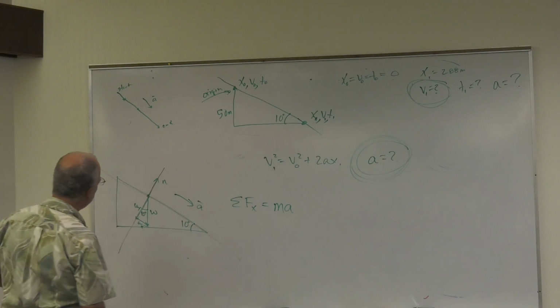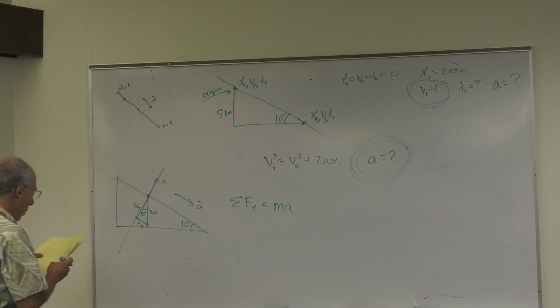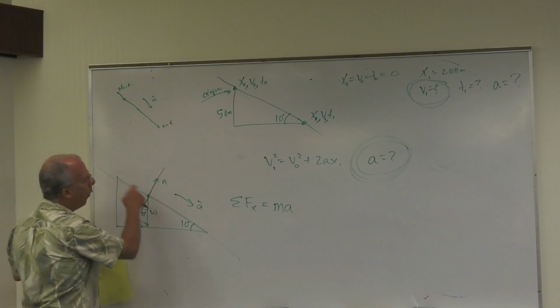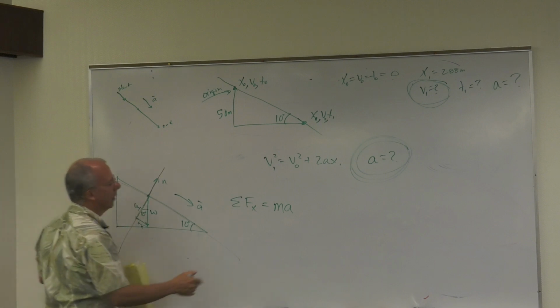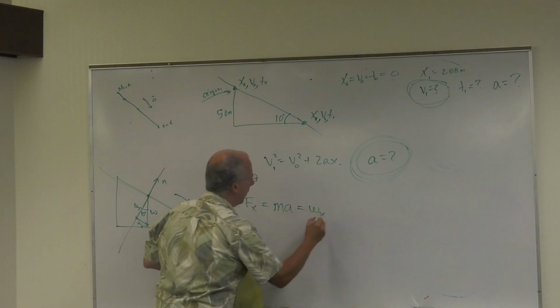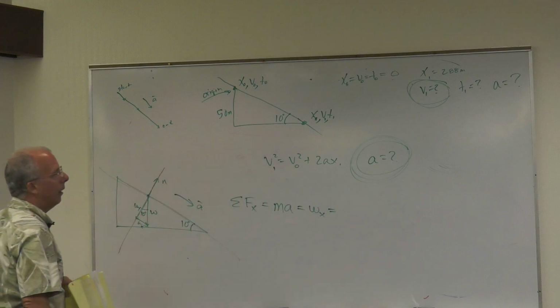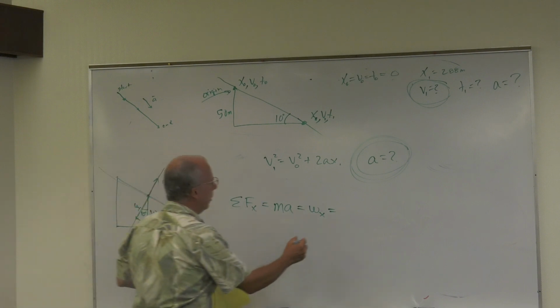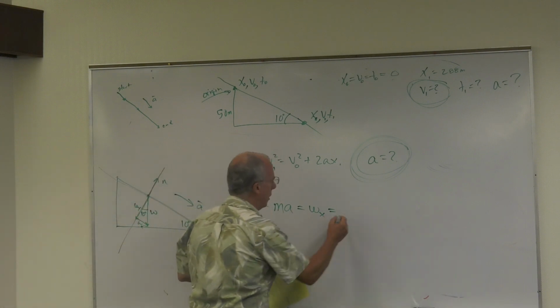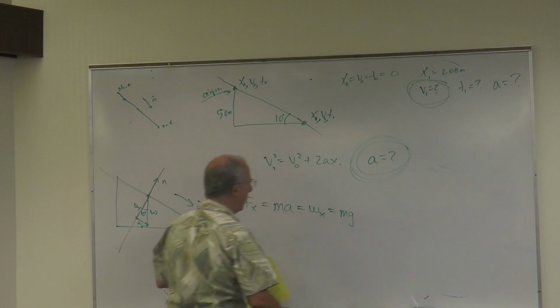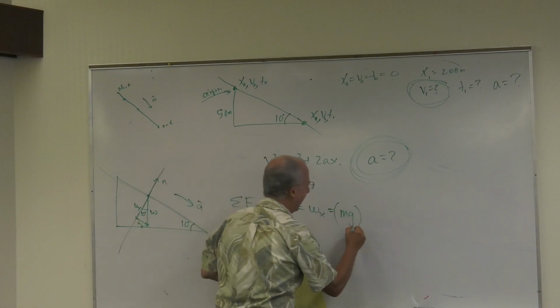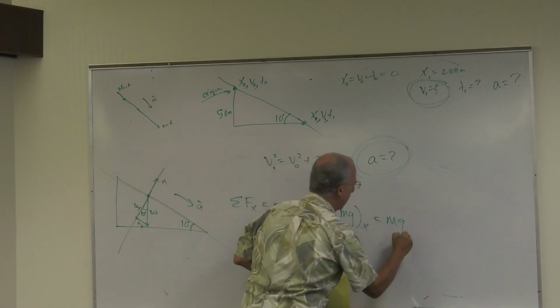Okay, so what's the sum of the forces? Well, this is cool, right? The only x force is what? Wx. Well, what's Wx? It's W, well, okay, what's W? Mg, right? It's Mg, x, which is Mg, what?